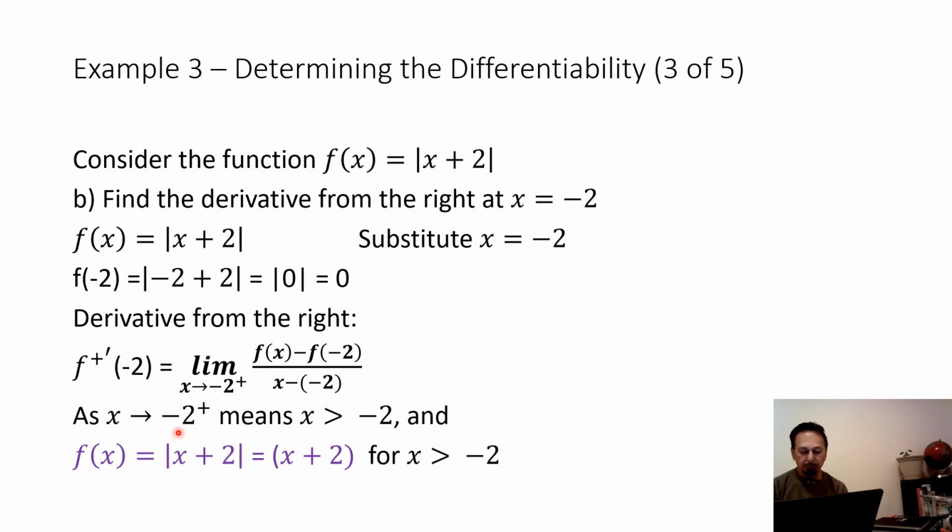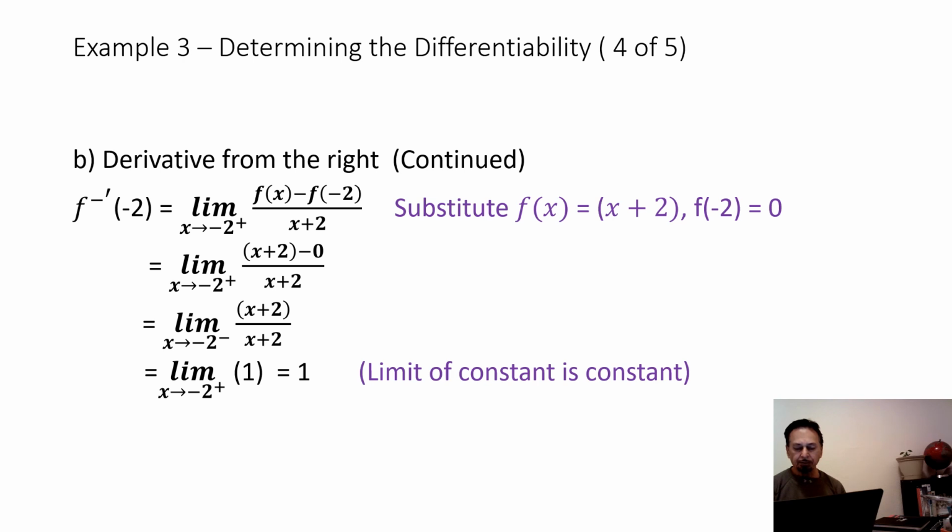Now as x approaches negative 2 from the right, it means x is bigger than negative 2, and f of x is the absolute value of x plus 2, which equals x plus 2 for x greater than negative 2. So we substitute f of x equal to x plus 2 and f of negative 2 equal to 0 in the right derivative.